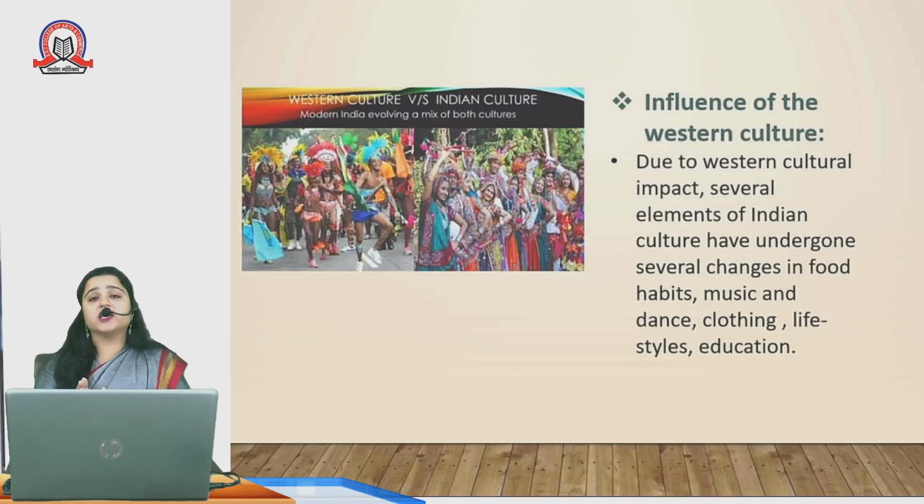We have seen many changes in our Indian culture. Western culture has influenced Indian culture a lot. The food habits have changed, the dressing style has changed, the cultural patterns have changed, even the education pattern has changed a lot. So these are some characteristics of Indian culture that we have seen.